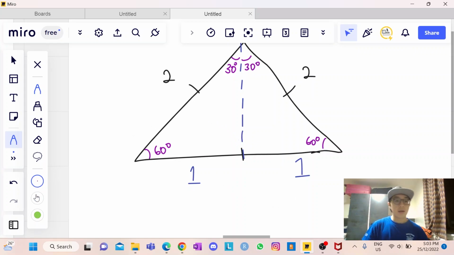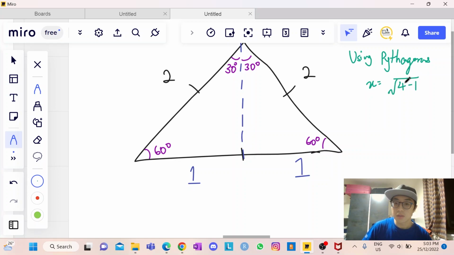From this triangle right here, using Pythagoras theorem, we can find out that x squared is equal to 4 minus 1, which is equal to 3.